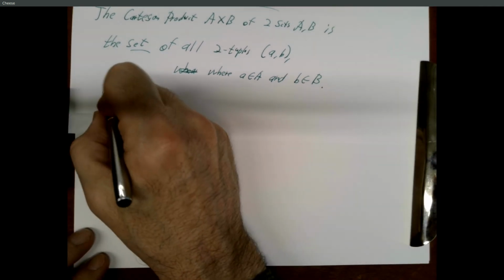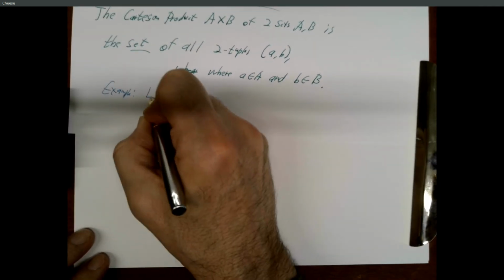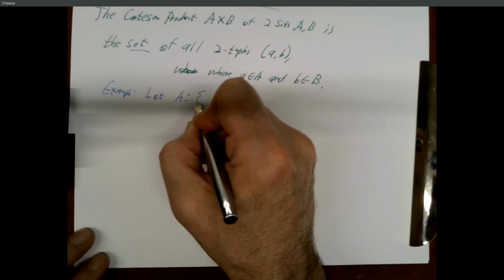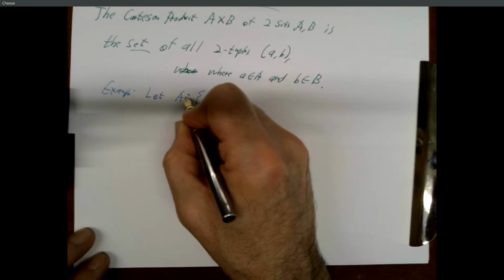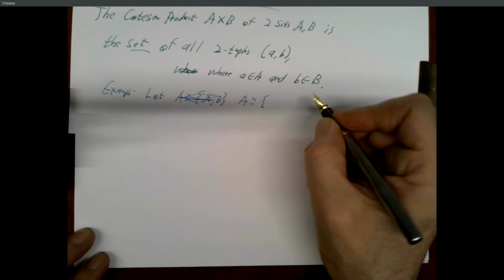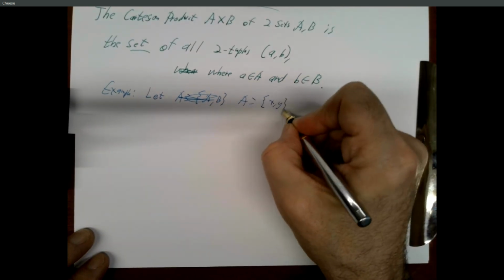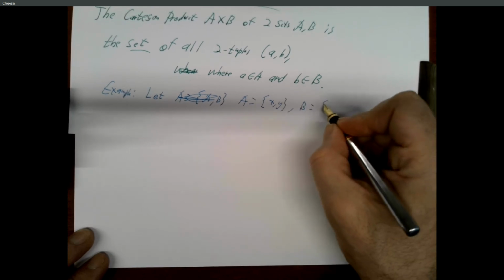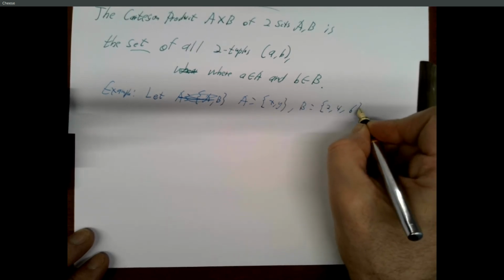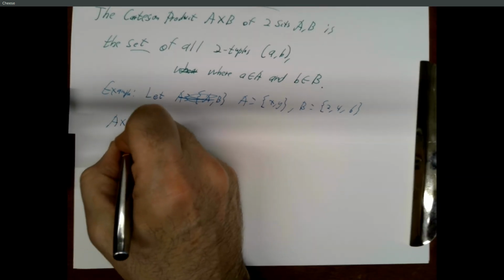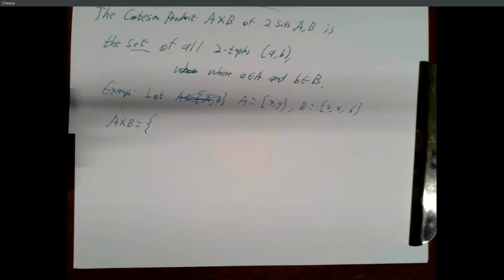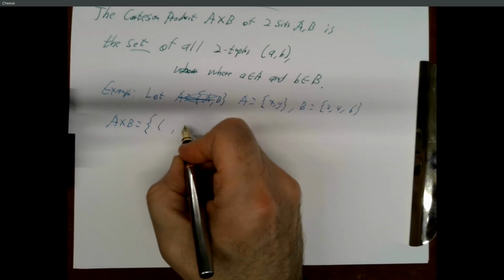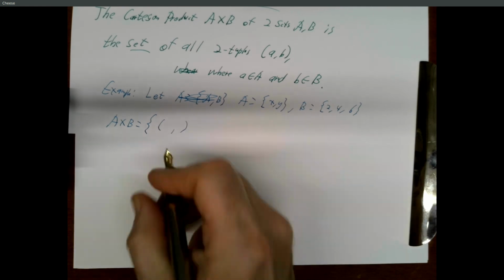So examples. Let A be the set consisting of, I don't know, x and y, and let B be the set consisting of 2, 4, and 6. Okay, A cross B is going to be a new set. And it's going to be comprised of ordered pairs, two-tuples, where the first thing comes from the first set.